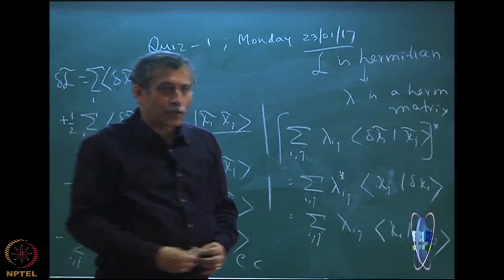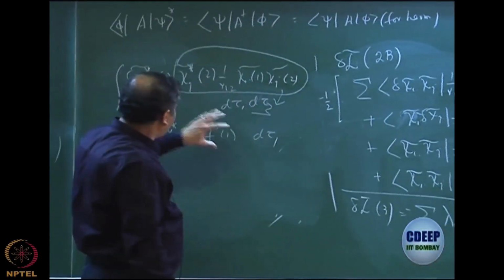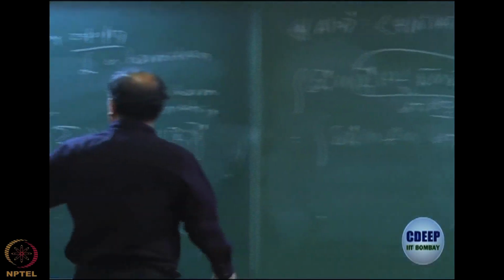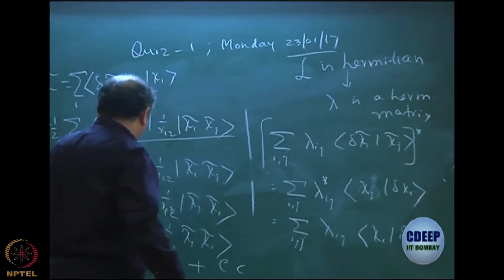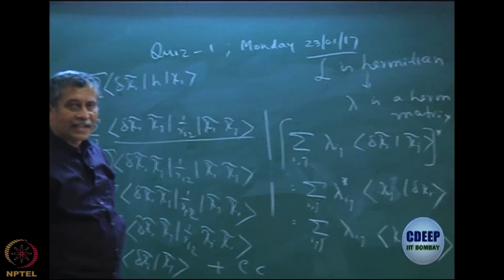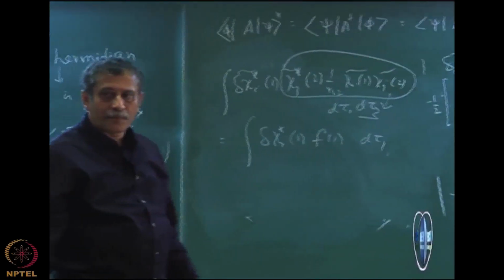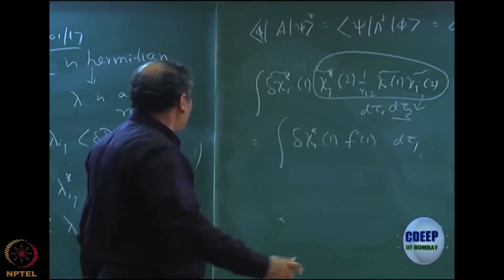Is it clear? So, from every term I will have this. So, this f of 1 is going to be collected over these, over these, over these, everything. And then I can say that entire thing is equal to 0. I can do that collection.